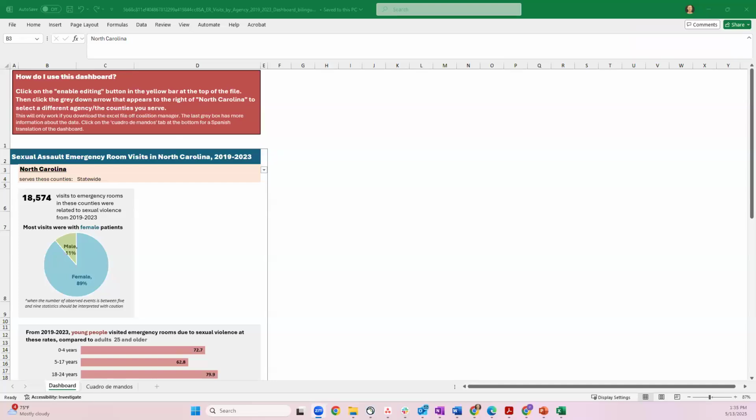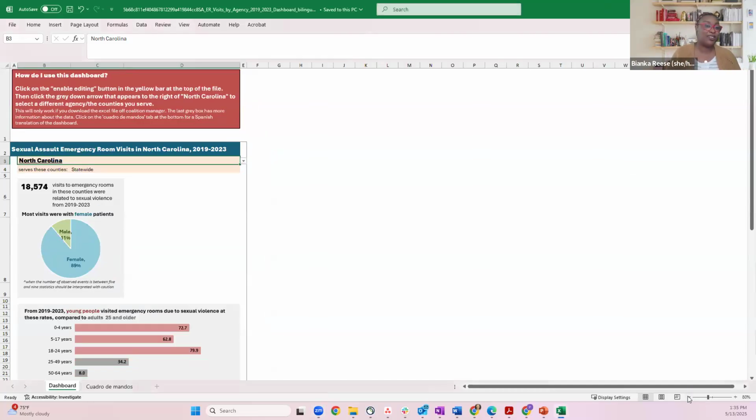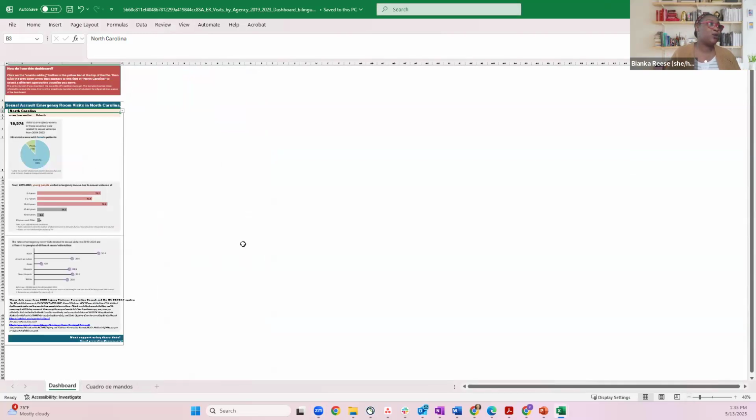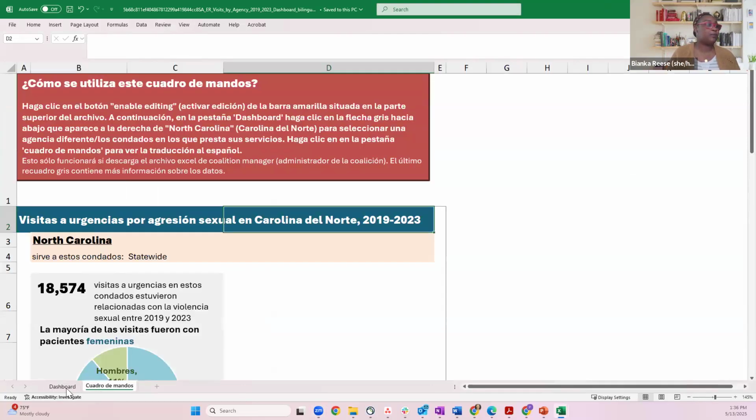Yes. Okay, great. So I will share again what I just said. This is what the data dashboard looks like. After you download it, it's an Excel spreadsheet, and I'm going to zoom out so you can see what it looks like as a whole. It's just one page of information. It's a very simple tool to use. On the first tab, it's in English, and on the second tab, it is in Spanish.